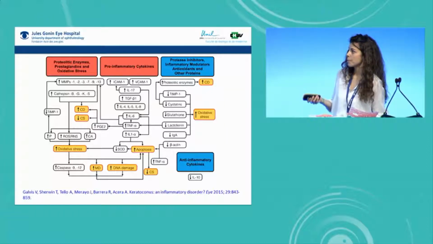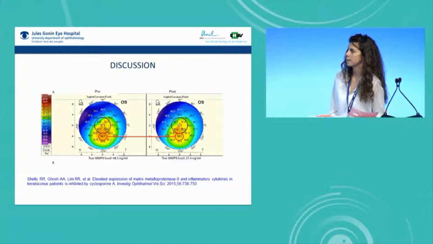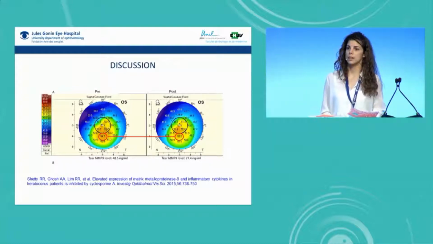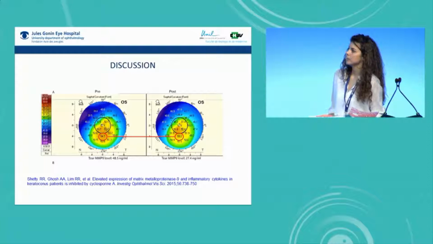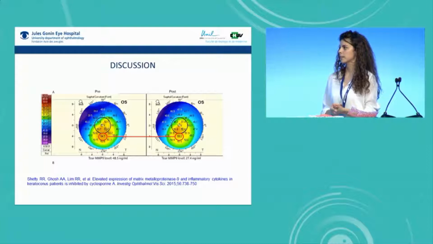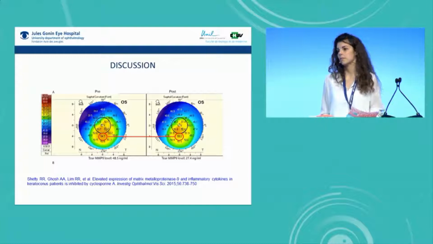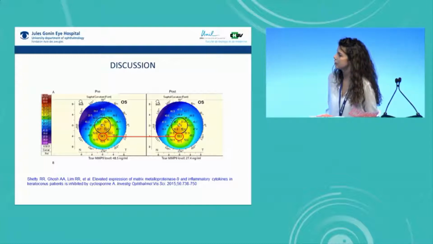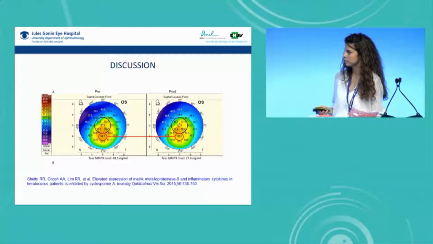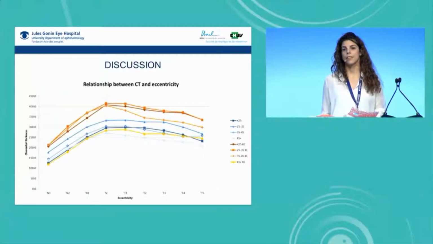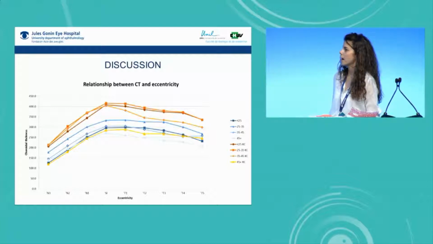It has also been proved that in those patients suffering from keratoconus who receive a treatment with cyclosporine, if we evaluate the concentration of these pro-inflammatory cytokines before and after the treatment, we can see that there is a decrease of the concentration, and also a stabilization of the cone with better keratometry. So this inflammatory theory can completely justify our results.